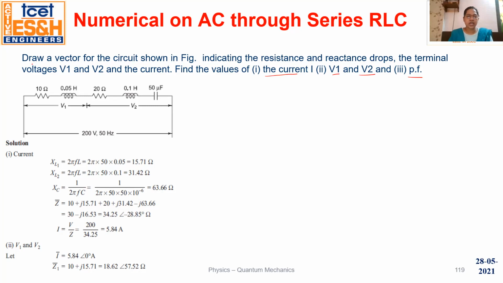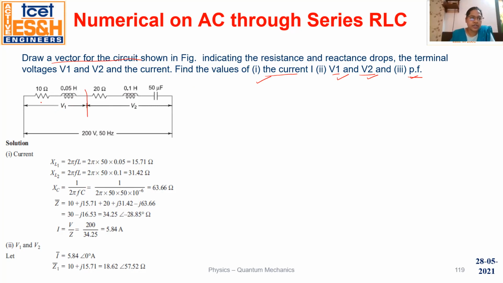So they ask us, first of all, to draw the vector diagram of the circuit, then find current, V1, V2 and power factor. Here the circuit diagram is mentioned, in which they divided this series branch into two parts. One is for RL and the second one is for RLC.